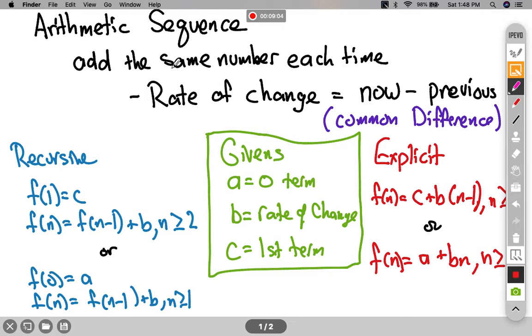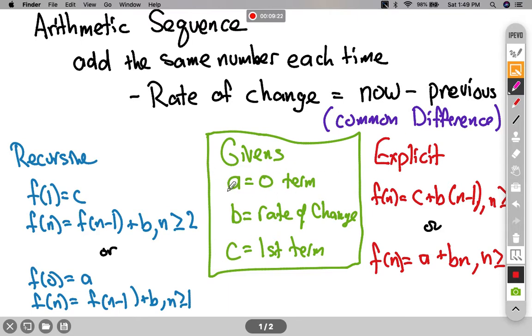Okay, so again, arithmetic, we're adding the same number each time. And that number that we're adding each time we call the rate of change. And the rate of change, again, we get by taking now minus previous. So we can write this either recursively or explicitly.